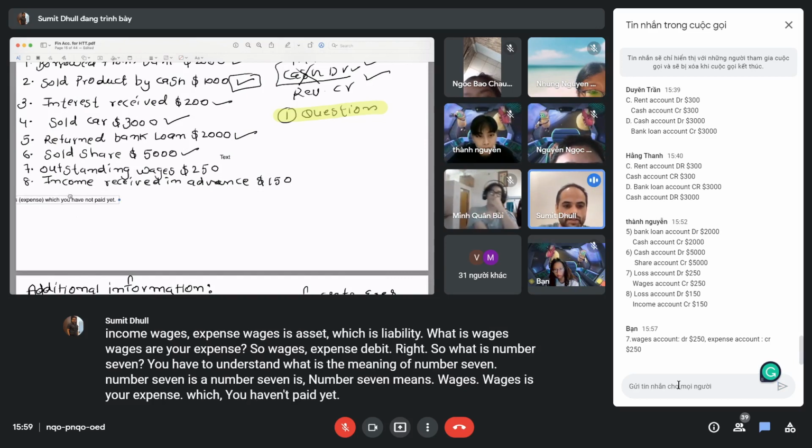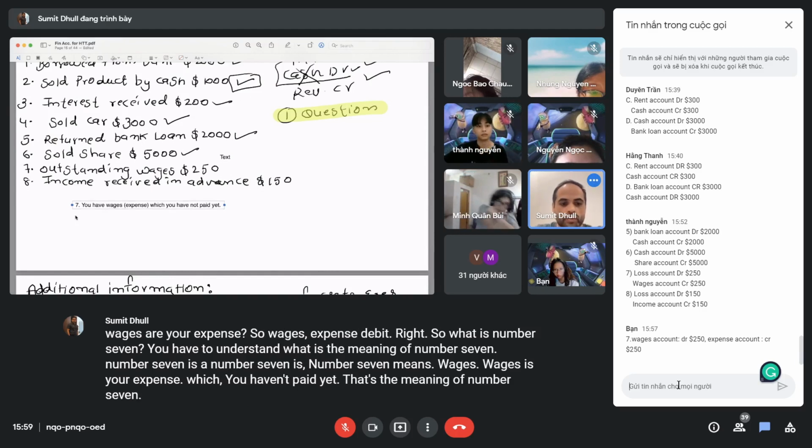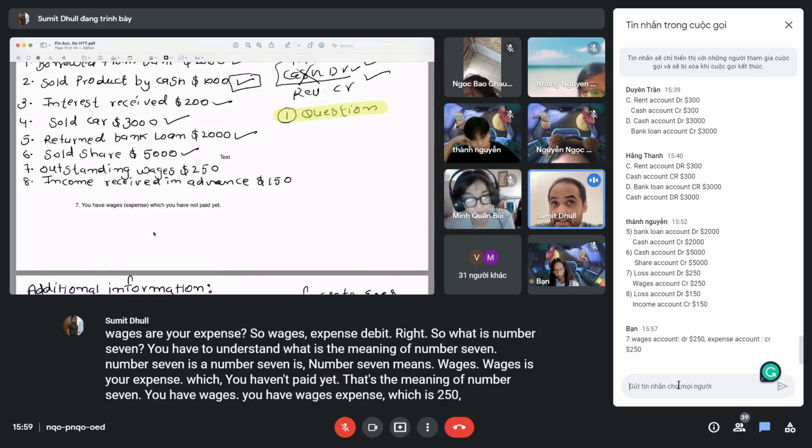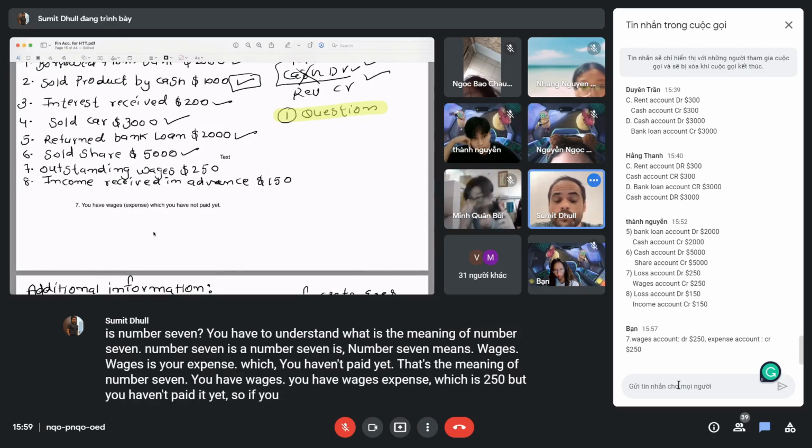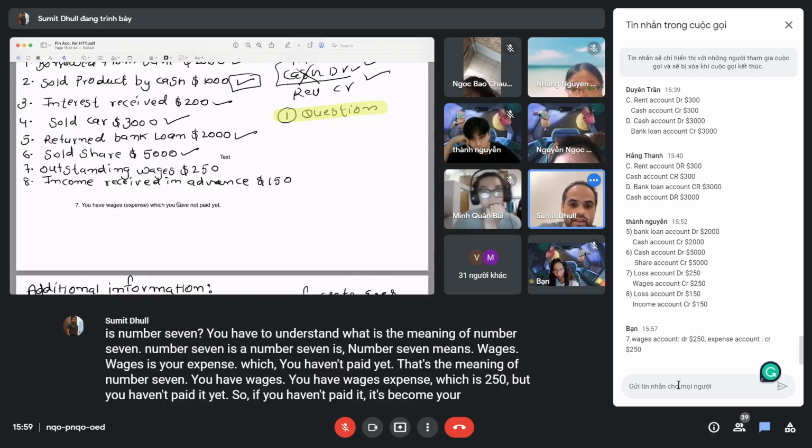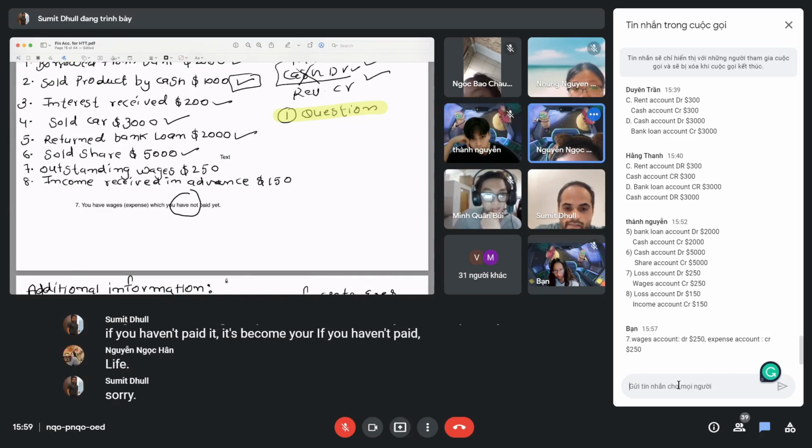That's the meaning of number 7. You have wages expense, which is 250, but you haven't paid it yet. So if you haven't paid it, it becomes what?